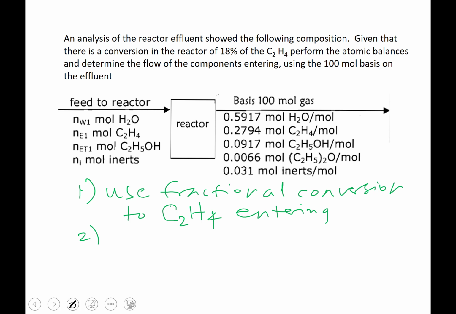And then you're going to do a carbon balance to get the ethanol entering. And then you're going to do a hydrogen balance to get the water entering. You could do hydrogen or oxygen. It doesn't matter which.